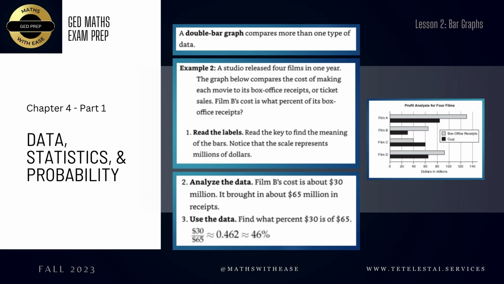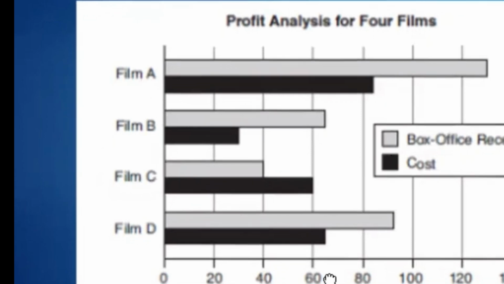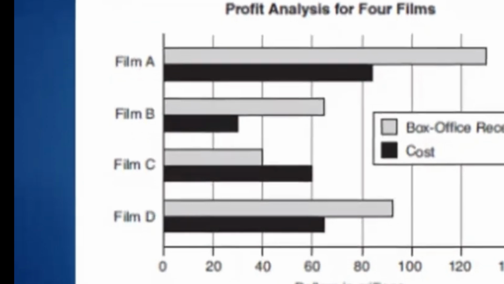And so if we zoom in, we can see that the title will always tell you what the graph is about, right? So this bar graph is about a profit analysis for four different films. And for each film A, B, C, and D, we're provided information about the profit made in millions of dollars, right?